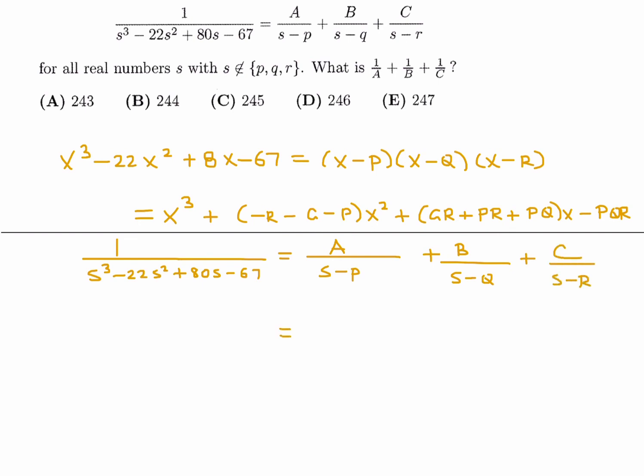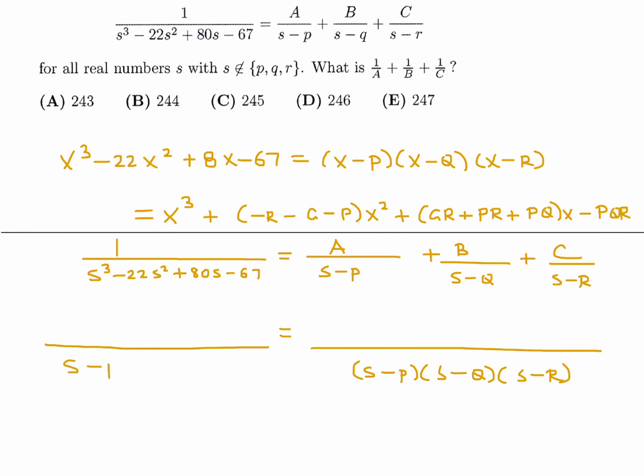Now, I would like to get a common denominator, and I can do that. It'll be s minus p times s minus q times s minus r. And this side, since p, q, and r are the roots, that can be factored as the same thing. So there we go. And then here we just have a 1.